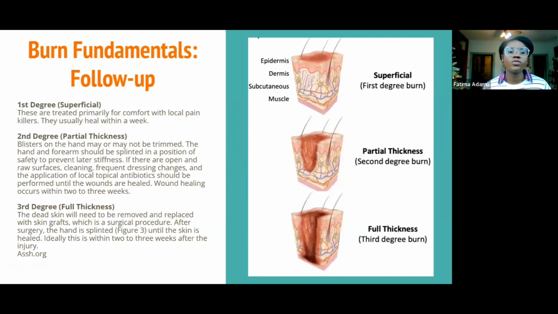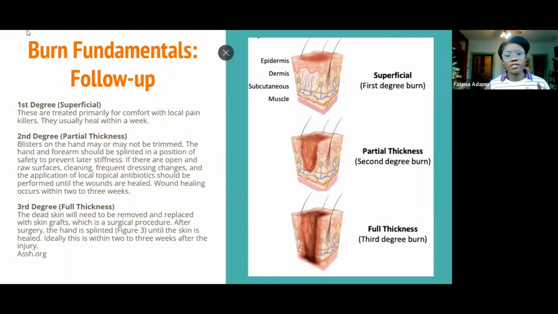And if there are some wounds there, keeping it clean, changing the dressings frequently so that you don't get a collection of drainage on the gauze, for example, would be good. Applying antibiotic creams. Again, you don't want to apply so much that you impede air circulation, right? Healing within 2 to 3 weeks usually.